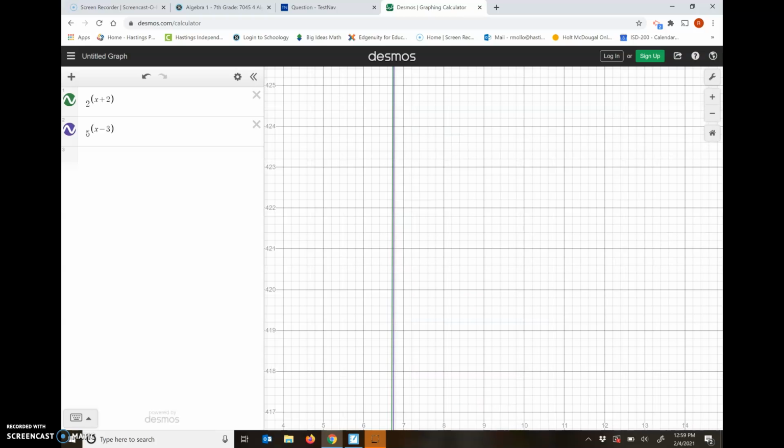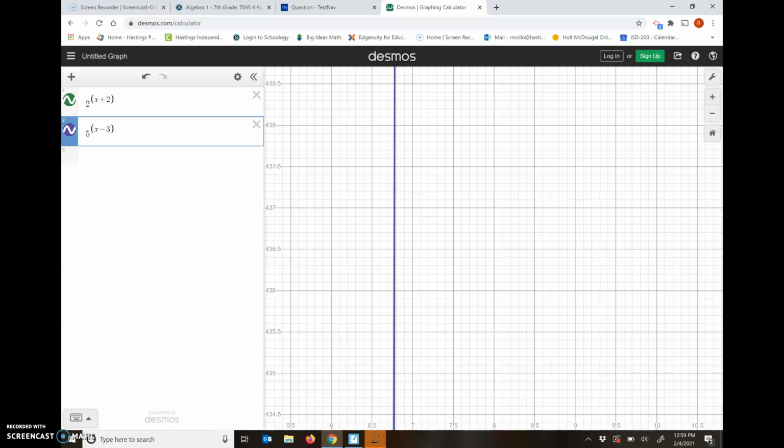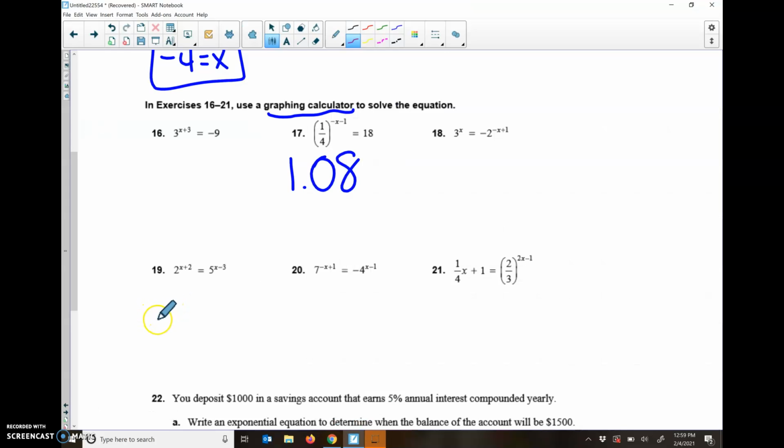Okay, so this is exactly why I don't like this method, but for these, when they have different bases, you kind of don't have a point. So it looks like they're crossing about right there at 6.778. So that's when they're going to be crossing. So that's going to be my answer. So x equals 6.778.